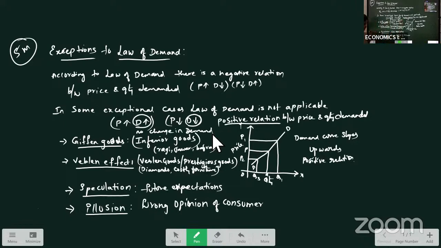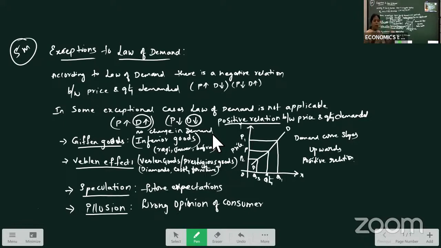So there exists a positive relation between price and quantity demanded. Positive relation means when price increases, demand increases, and there is no negative relation. So what are the exceptional cases? Giffen goods. Giffen goods are also called inferior goods.